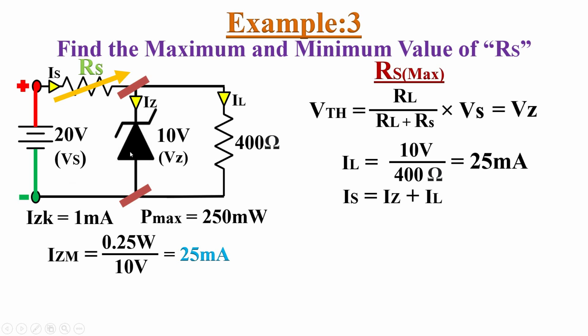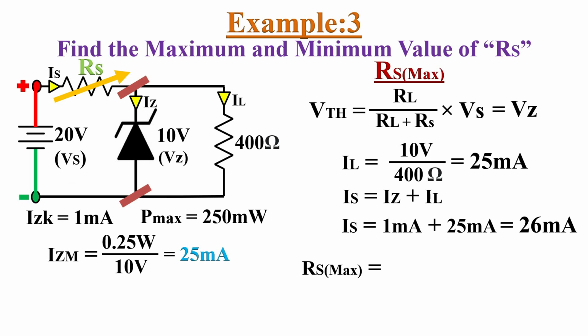Here, when the Zener current is at minimum, then the value of Rs will be at maximum. So, to find out Rs maximum, we will take this minimum Zener current Izk of 1 milliampere. Now, Is equals 1 milliampere of Izk plus 25 milliamperes of IL. That gives Is value as 26 milliamperes.